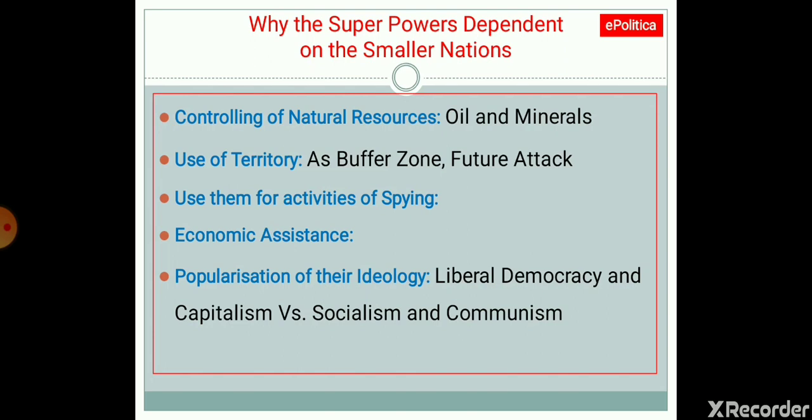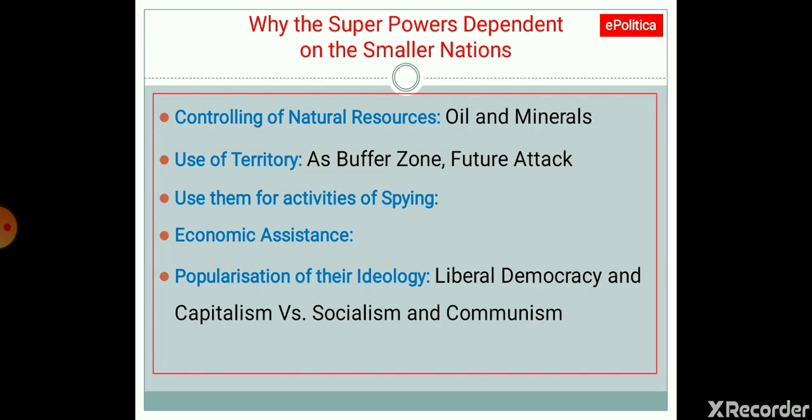The last reason why the superpowers were dependent on the smaller nations was popularization of their ideology. As I have already told you, both the United States of America and the Soviet Union followed two different kinds of ideologies. For example, the United States of America followed liberal democracy and capitalism, whereas the Soviet Union followed socialism and communism.